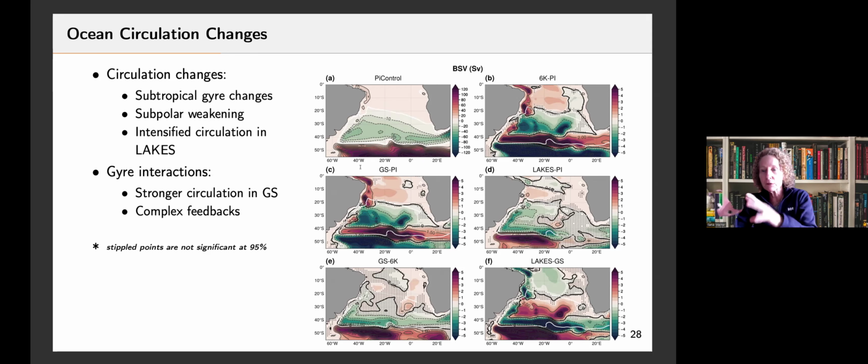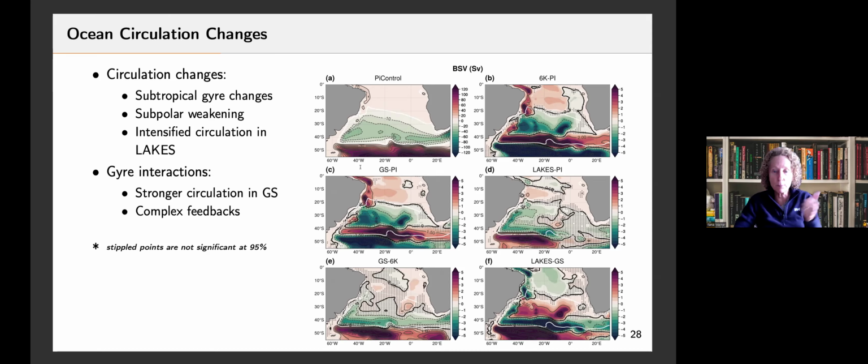And then when we look at the difference, we can see that these changes from orbital to the prescribed vegetation to the megalakes all contribute to changes in the subtropical gyre circulation.